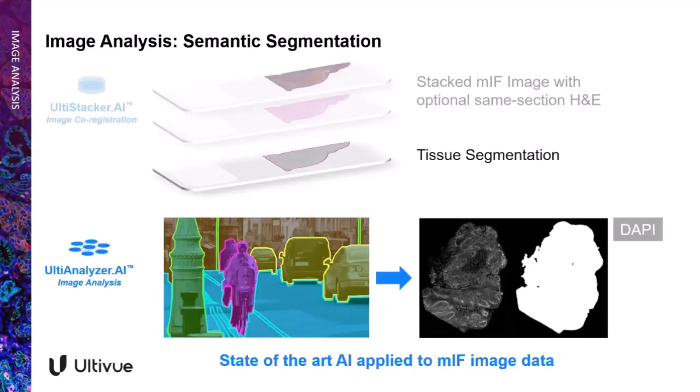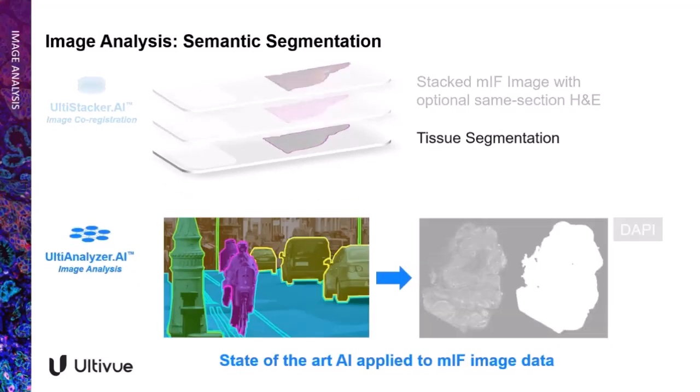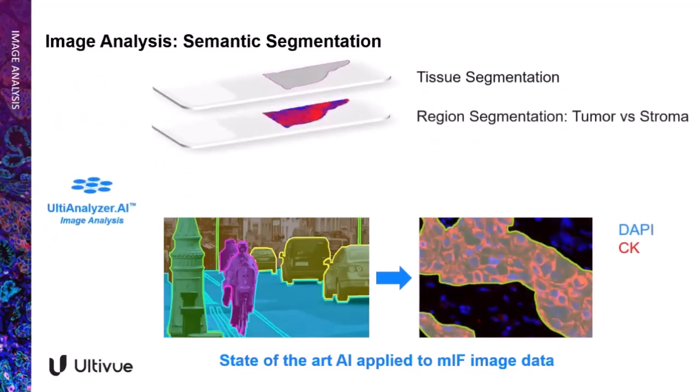And the first step we do is a tissue segmentation to define the tissue on the section. We always analyze the whole tissue, not leaving out any data, and use a semantic segmentation to distinguish between foreground and background at low magnification and DAPI. And then as a second step, we do another semantic segmentation to identify regions. Our panels are often used to study solid tumors.